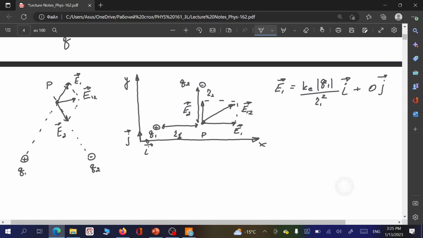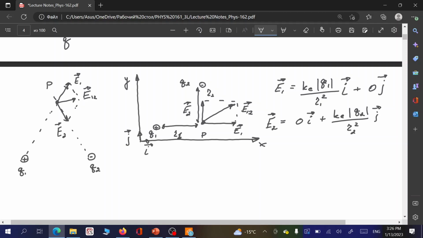So now we have the electric field vector created by the second charge, and we can write here that this will be 0 times the I unit vector plus KE times the magnitude of Q2 over R2 squared times the J unit vector.